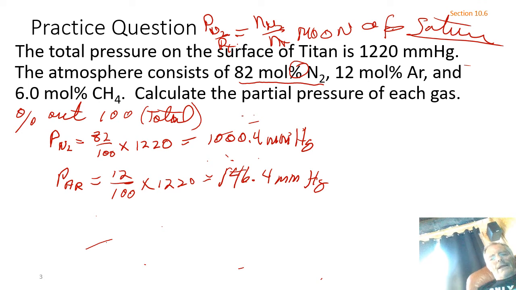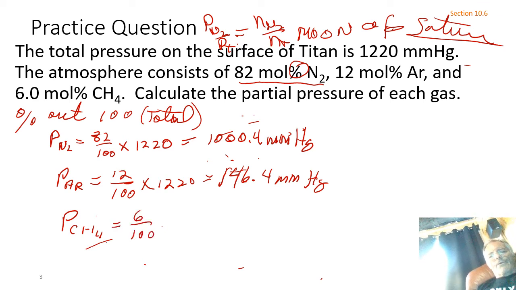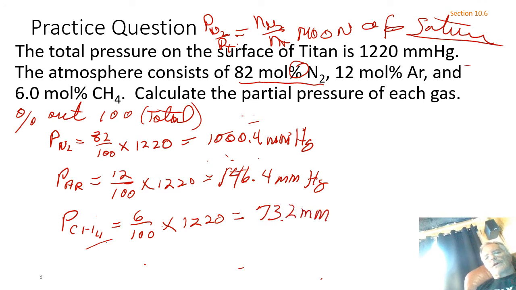And then finally, the partial pressure of methane. 6 moles out of every 100, because it's 6 mole percent, times 1220 is equal to 73.2 millimeters of mercury.